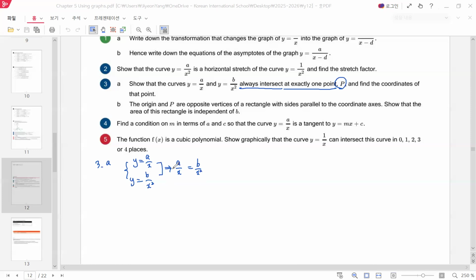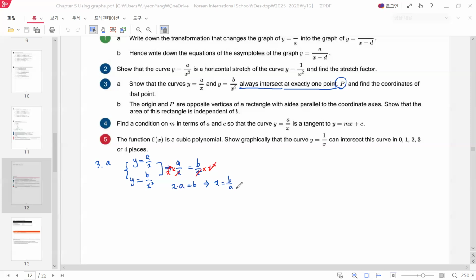Since we don't like a variable in the denominator, multiply by x squared. Then you can write x times a equals b. Therefore, you can find the value of x as b over a.